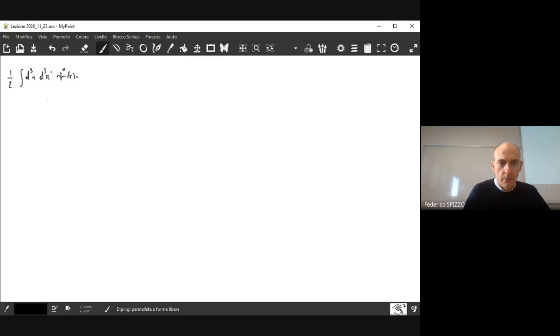So we have one operator for coordinate r, another operator for coordinate r prime. Then we have the interaction potential and then the two field operators, again corresponding to r and r prime.